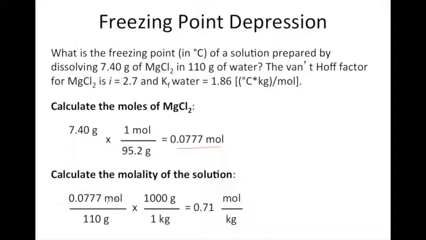We can divide the moles of our solute, magnesium chloride, by the kilograms. We're given grams, but we want to convert that to kilograms of our solvent in order to get the molality. So we take the moles and divide that by our kilograms, and we get a molality of 0.17 moles per kilogram.